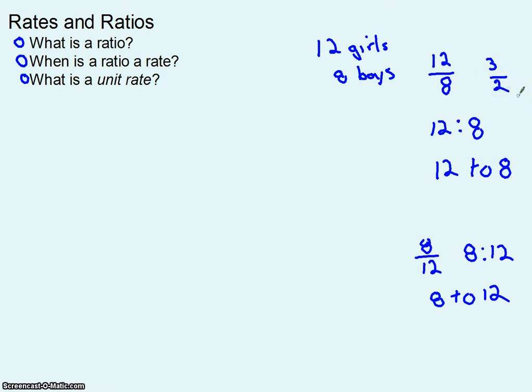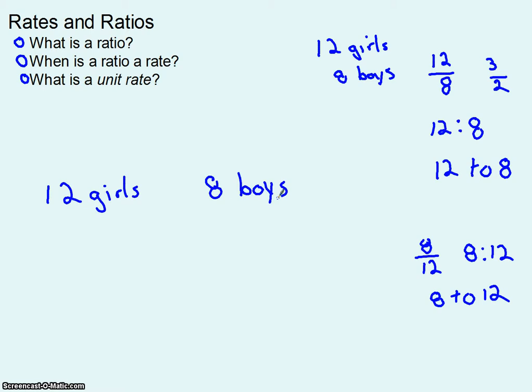So for the most part, people have been all right with that. But I try to ask them, well, what do you mean by a ratio? So I rewrite this information up here: 12 girls and 8 boys. And I ask people to compare those two numbers. Frequently they'll say something like, well, girls are better than boys.